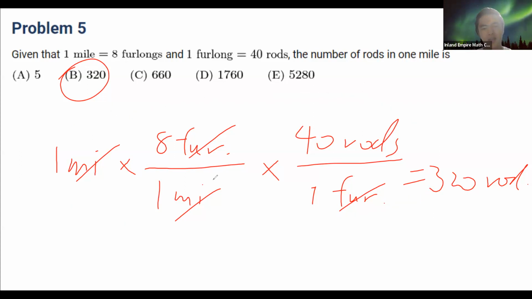When you have a lot of different units involving time, distance, weight, whatever, having these conversions will be much easier than doing it in your head, because doing it in your head easily produces errors. This allows you to check your work, because if your units don't cancel, then you did something wrong.